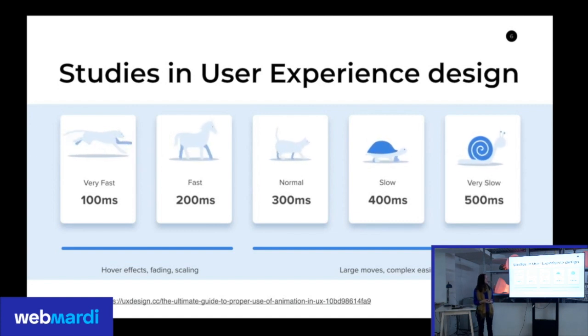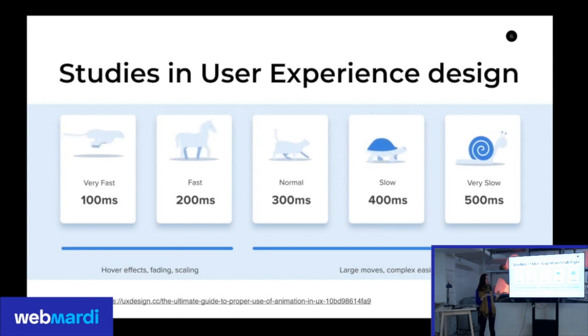There are studies that show that an animation should last between 100 to 500 milliseconds, depending on the situation. Below 100 milliseconds, it's too fast and the brain doesn't have the time to process the animation. And above 500 milliseconds, you might feel that there's a problem with the website because it's too slow.